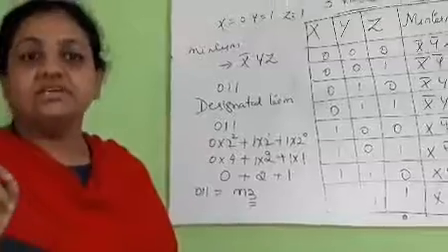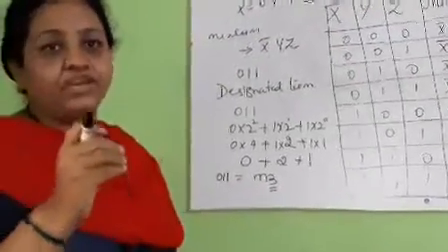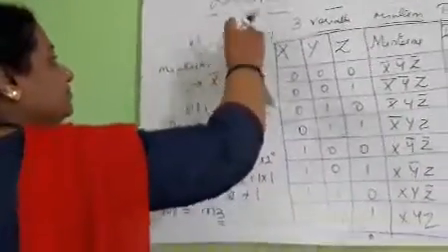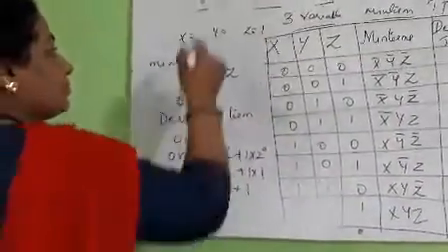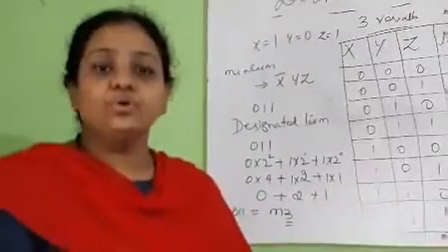Fine everybody? We'll take one more example and then we'll see how we can find the designated term. Say for example, x is 1, y is 0 and z is equal to 1.